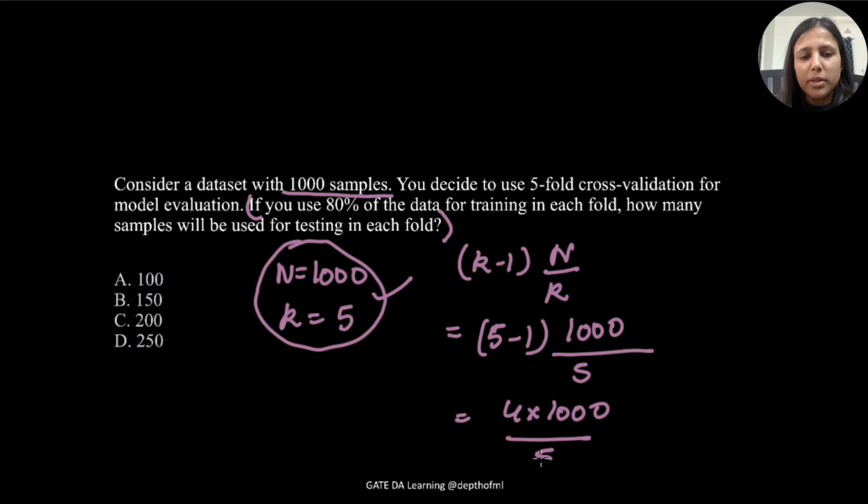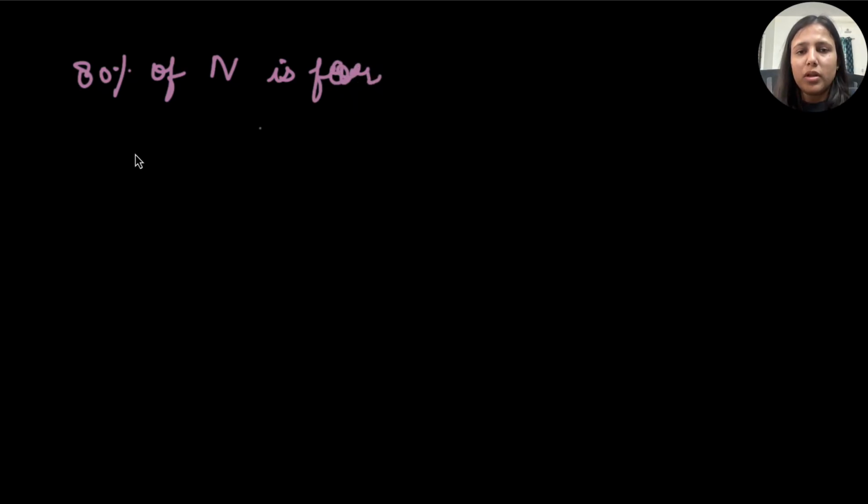So this will be 200 and this will come out to be 800, right? They are saying that 80% of n is for training, and we also found that 800 samples, which is 80% of the data, are used for training.